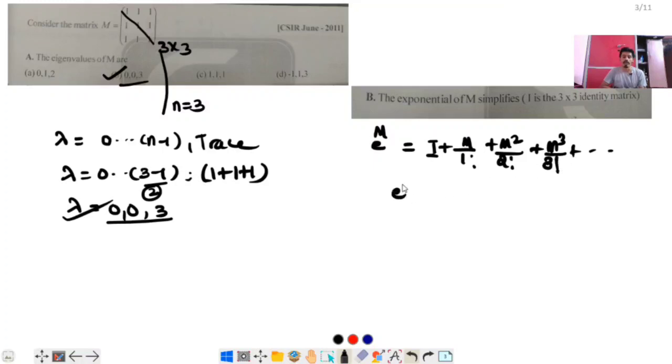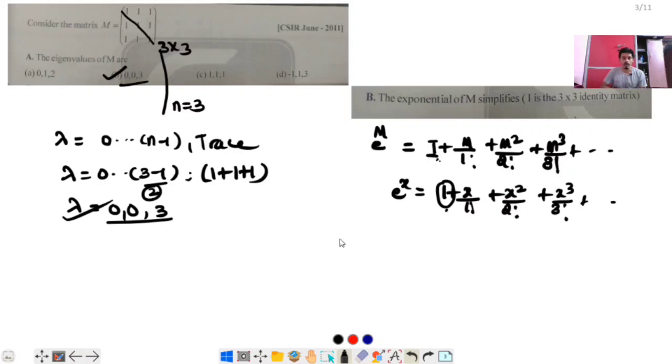Already you know e to the x is equal to 1 plus x by 1 factorial plus x square by 2 factorial plus x cube by 3 factorial. Here I means the unit matrix. Now you write the exponential in matrix form.